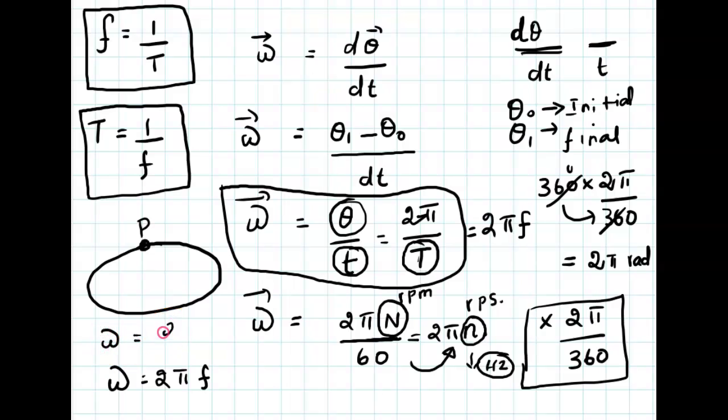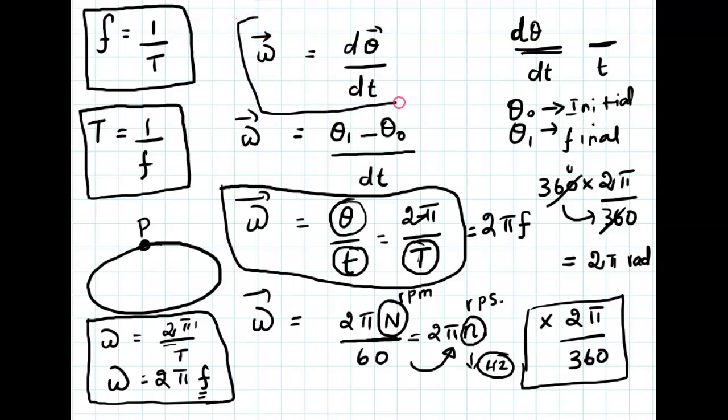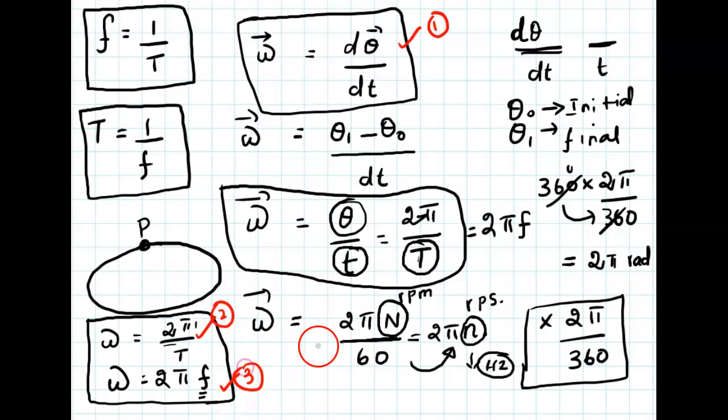Omega is equal to 2 pi divided by time. You know 1 divided by time is frequency. That's why it is written like this here. So another formula is here: rate of change of angular displacement. Here are the first equation, second equation and third equation.